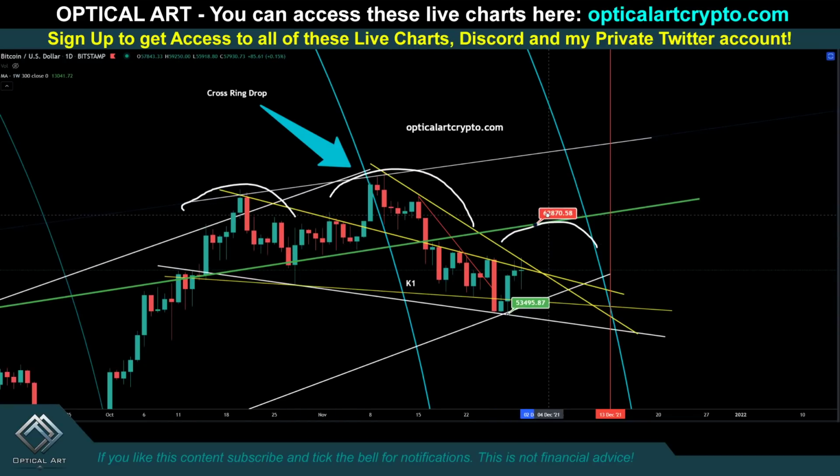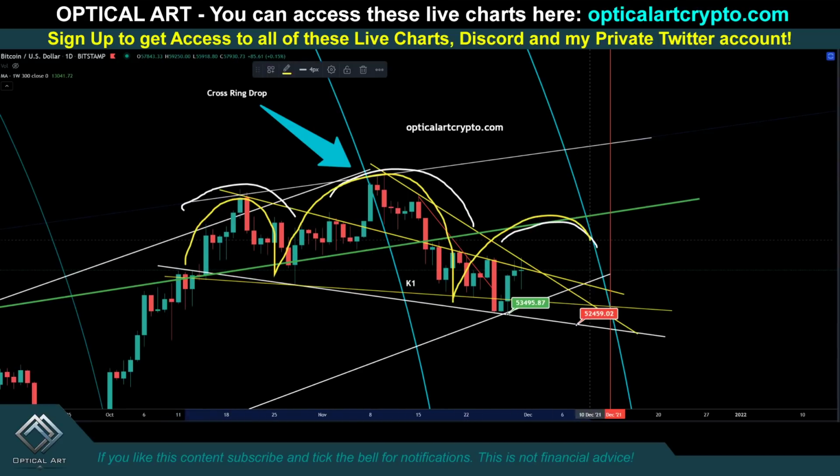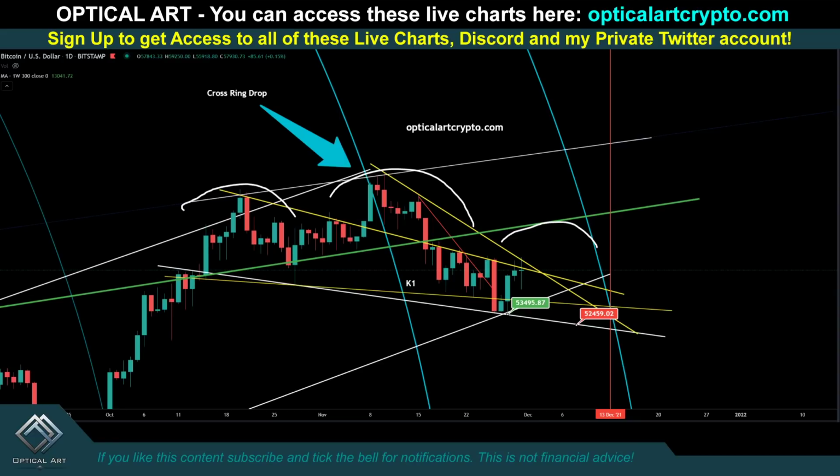If we get above this point and push up, the highest we'll go is 63K, and that will form our right shoulder to potentially come down and break this. I'm calling this a head and shoulders: left shoulder, head, right shoulder, and then we crash. I think that crash will happen around December 13th and make contact with this ring, not to mention the other charts in confluence with December 13th.